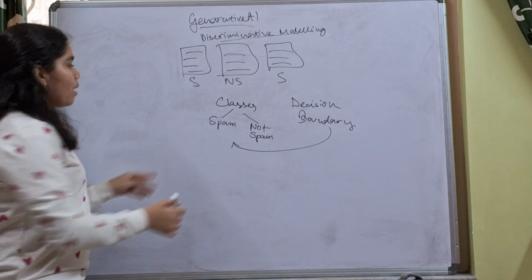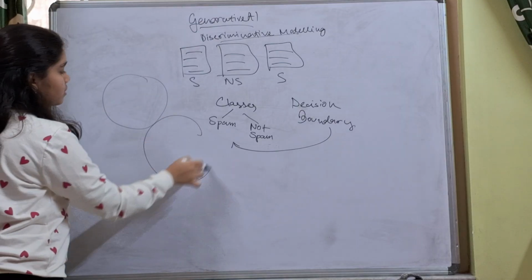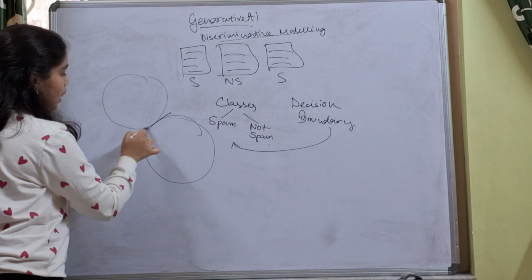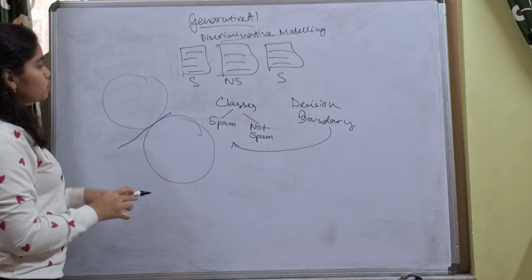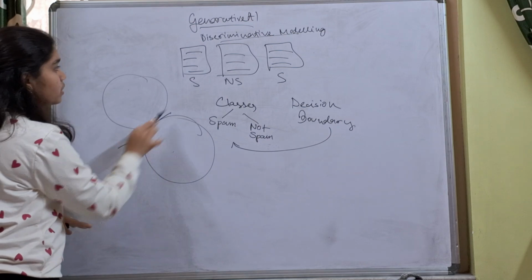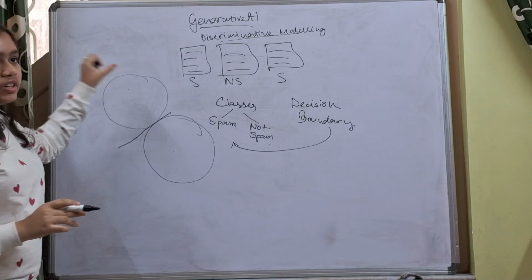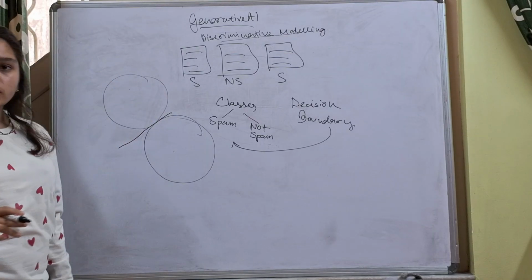That means spam lies in this region, not spam lies in this region. It learns the boundary by which you can tell that this is spam and this is not spam, and it can predict, if you give it an email, whether it is spam or not spam.